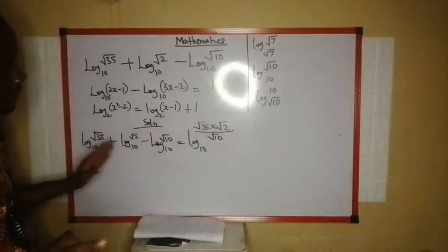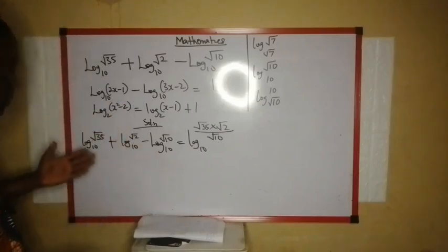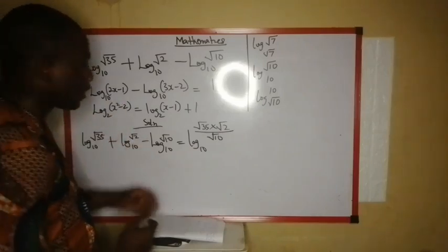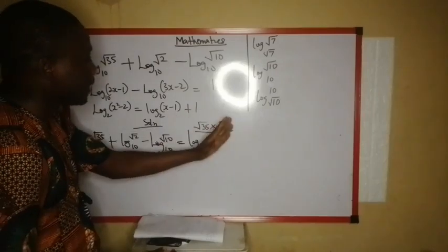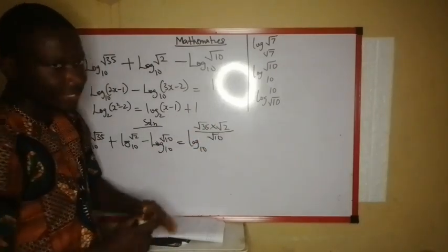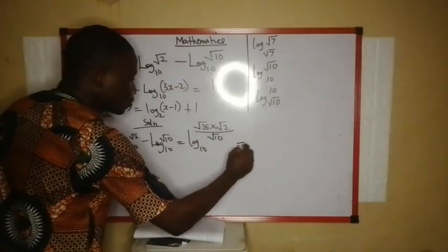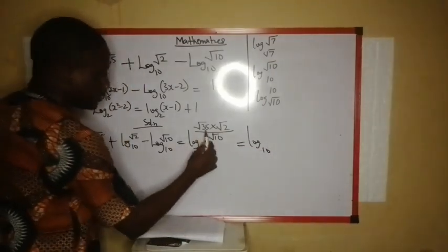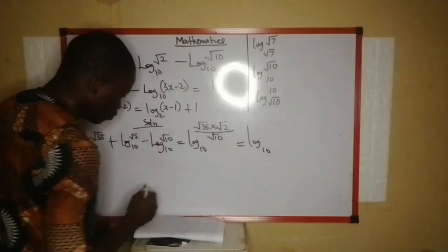That is the first step, the major thing you need to know: you multiply when you have addition, then you divide when you have subtraction. So this is equal to log base 10.